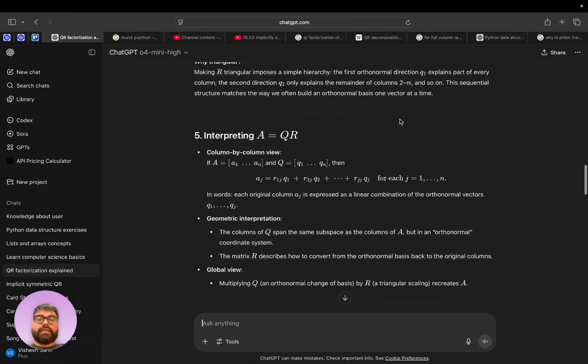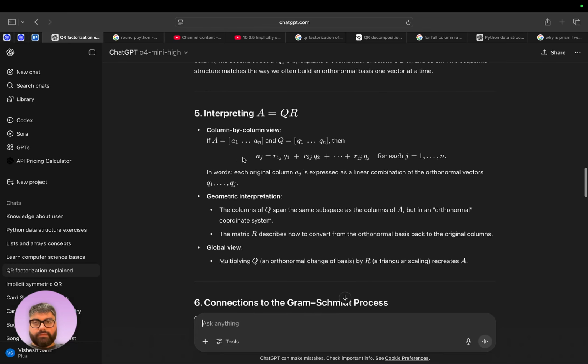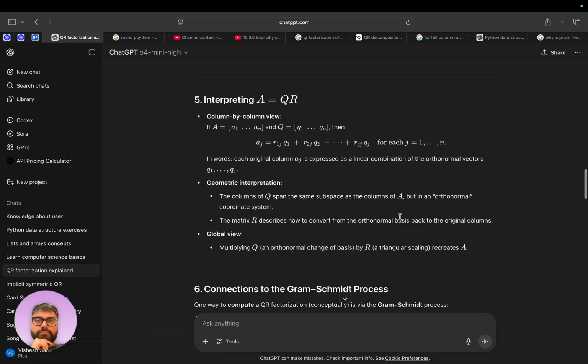So interpreting A equals QR, and Q equals this, then for any element A equals R1j Q1 plus R2j and so on. So it's just expanding what each element actually becomes when you do that full matrix multiplication of QR.